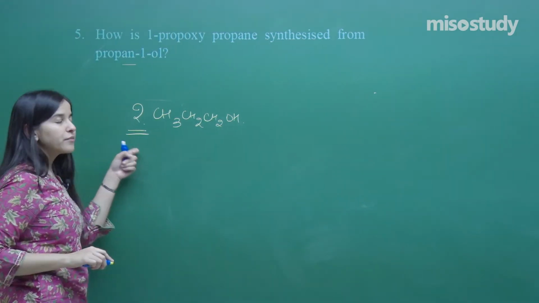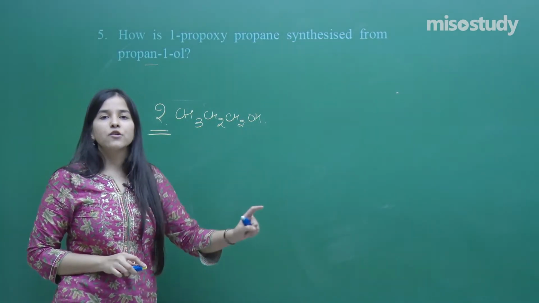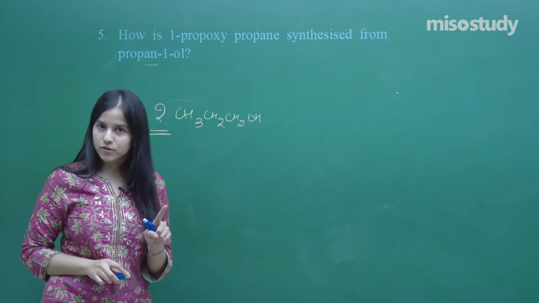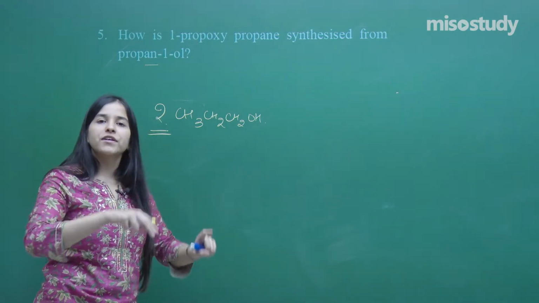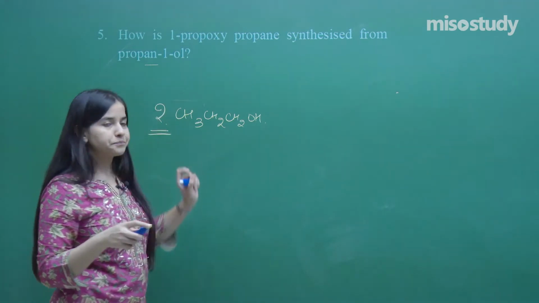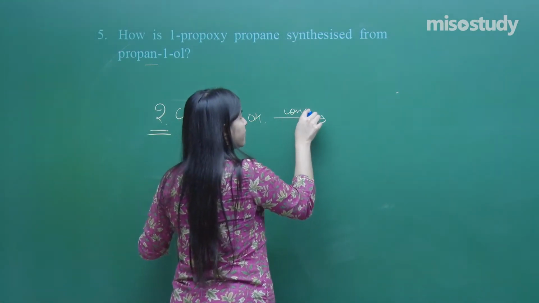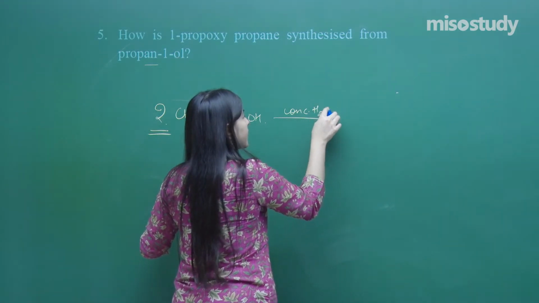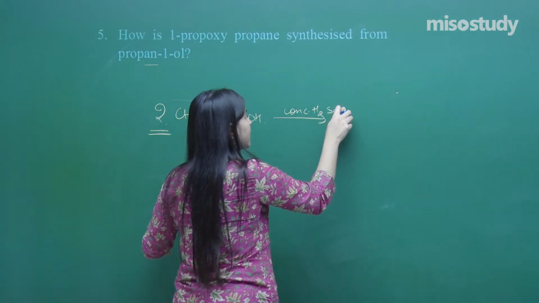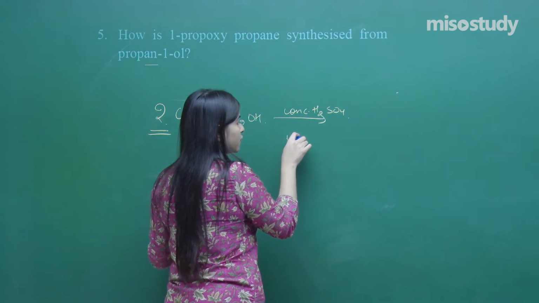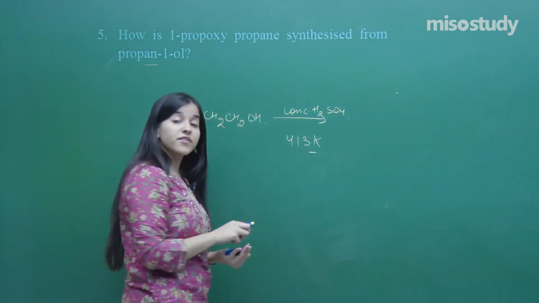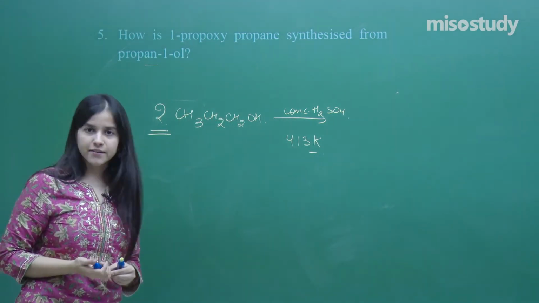If you have mentioned this in the answer, then only you will get proper marks, otherwise not, right? 2 moles will fetch you 1 mole of an ether. And specifically what I would like to tell you is, although I am taking concentrated H2SO4, the proper reaction condition is 413 Kelvin basically, which is favorable for the formation of ether, right?